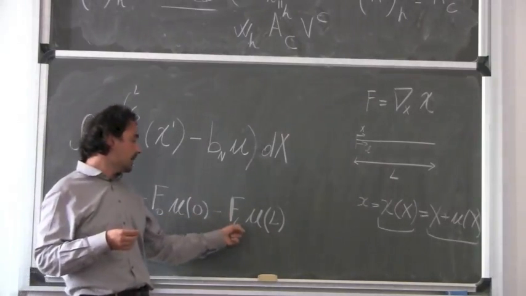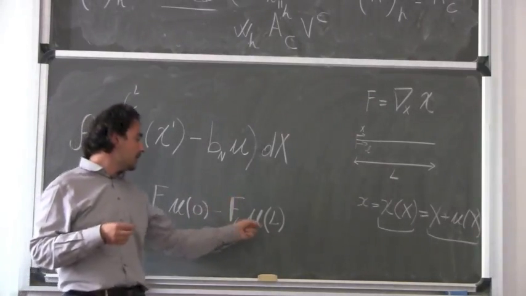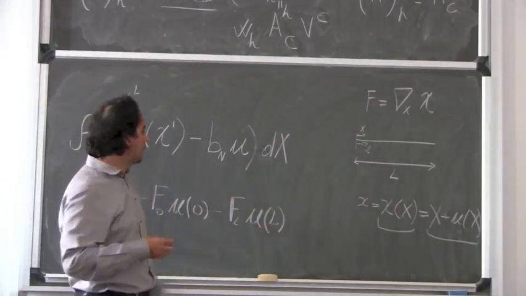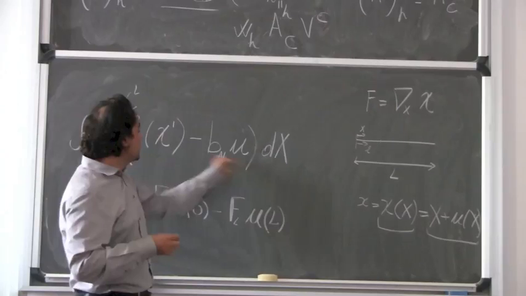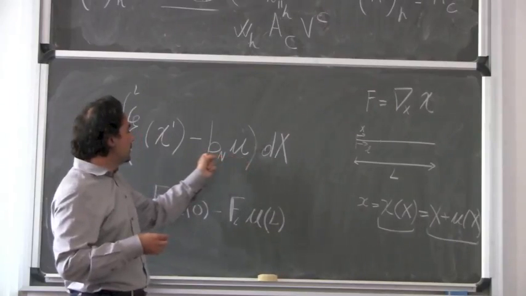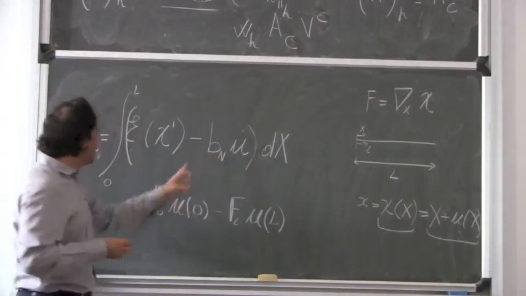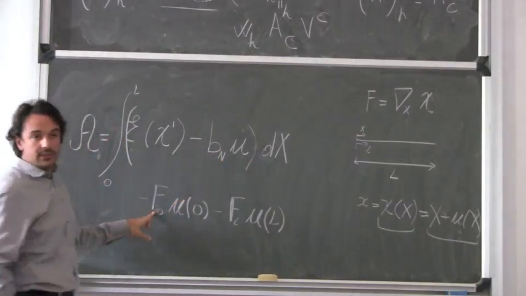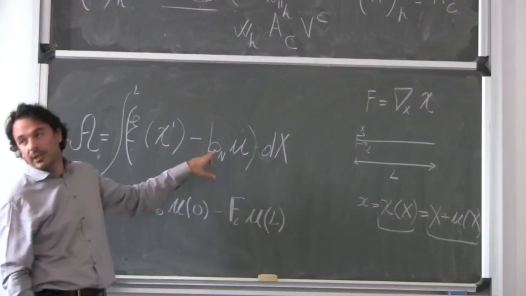This is F in L. But F in L may work on the displacement at L. And this is a different dimension with respect to this F, because this is a force per unit length.